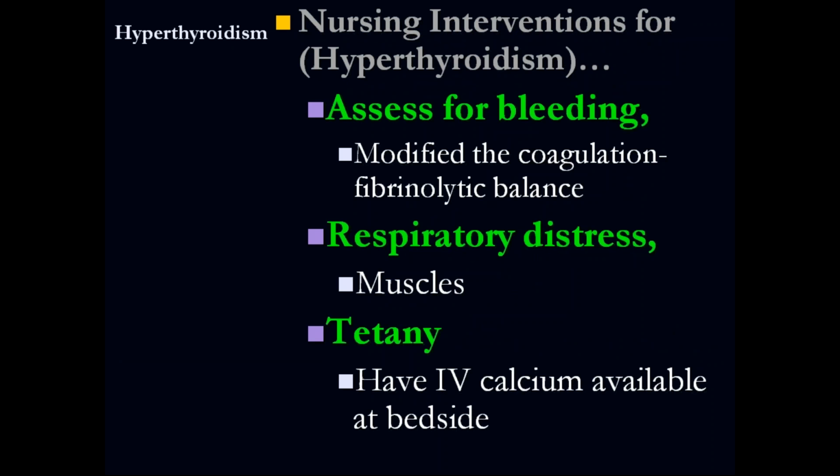Okay, in hyperthyroidism, assess for bleeding, since it modifies the coagulation and fibrinolytic balance, and for respiratory distress, muscle problems, and tetany. When you have hyperthyroidism, the gland is overstimulated. With this overstimulation of the thyroid gland, it releases T3 and T4, but in some way it will also release calcitonin.